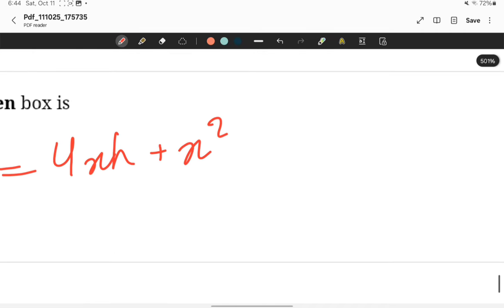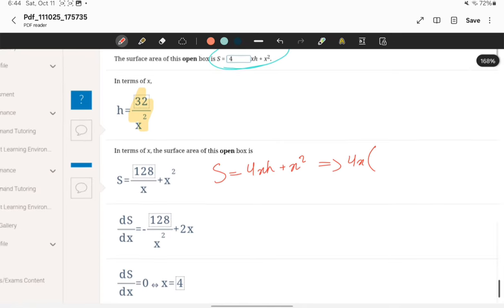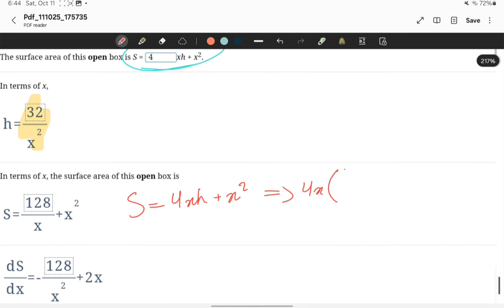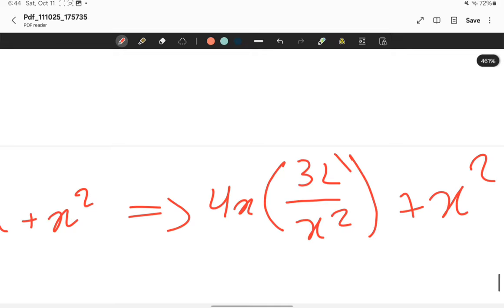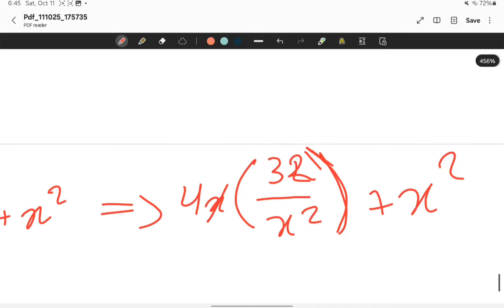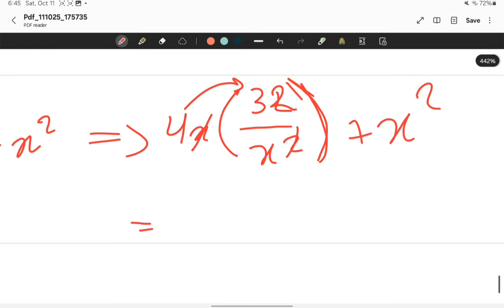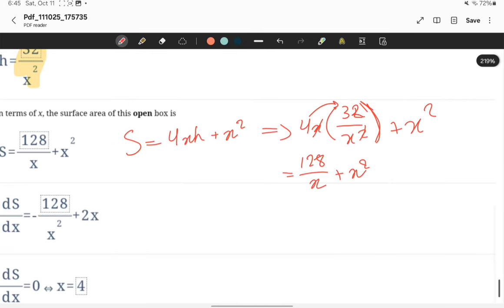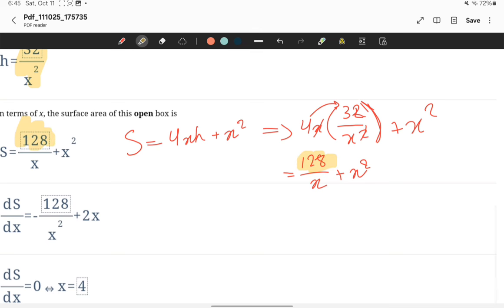Substitute our height, we get 4x, our height we said was 32 over x squared, plus x squared. After you simplify, this x cancels out here, and 4 times 32 gives you 128, so it's 128 over x plus x squared, and that's what they want, 128.